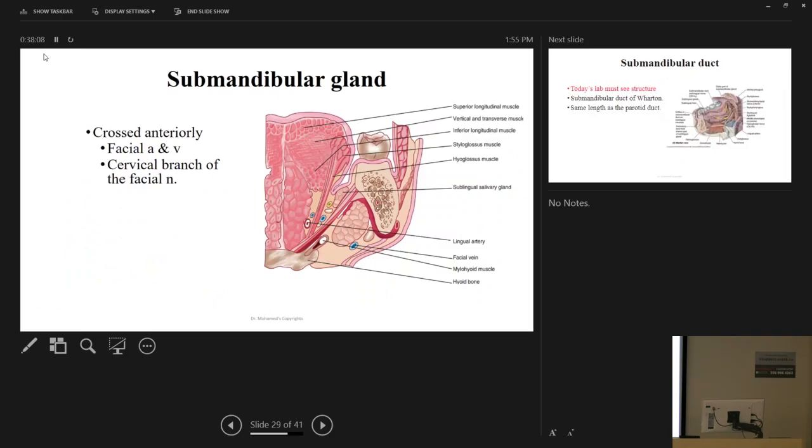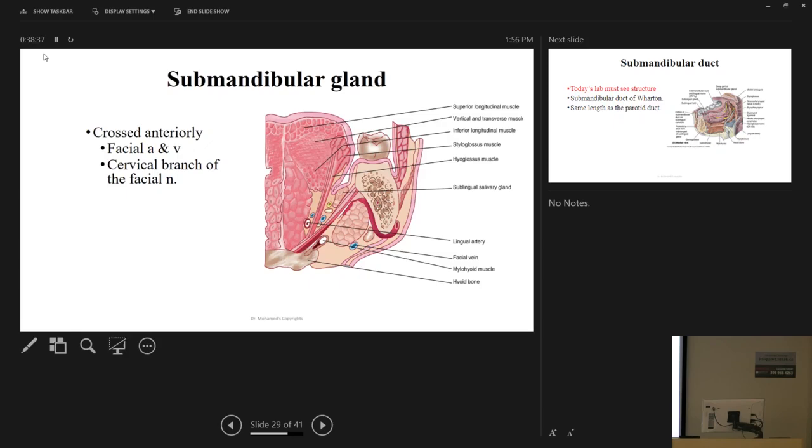It's crossed anteriorly by the facial artery and vein, and I believe that you have seen this while you were dissecting your submandibular triangle, the digastric triangle. You have seen how it was crossed by the facial artery and vein, and also by the cervical branch of the facial nerve. What is it supplying, the cervical branch of the facial nerve?